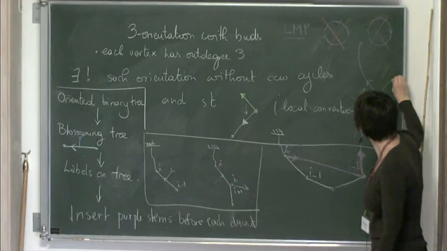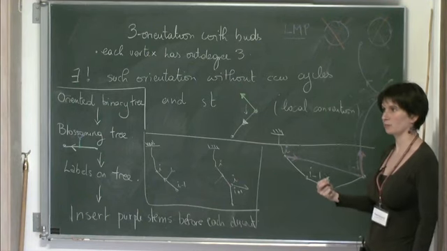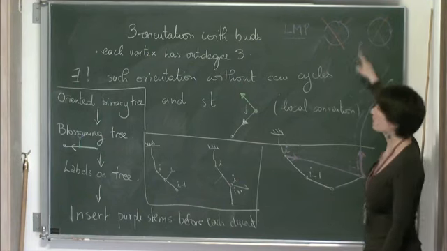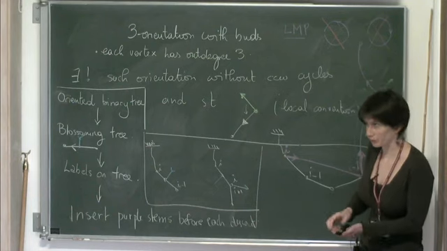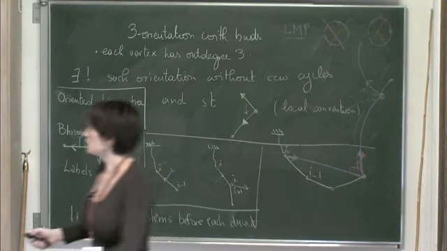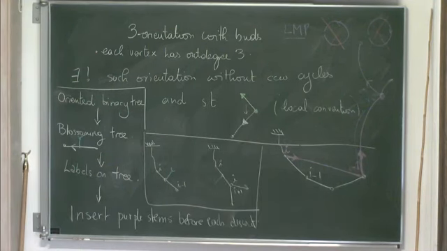So I can somehow add the buds, and this purple path remains a leftmost path. Okay. So that's what I'm doing here, and I can consider now the submap, which is enclosed by the paths.